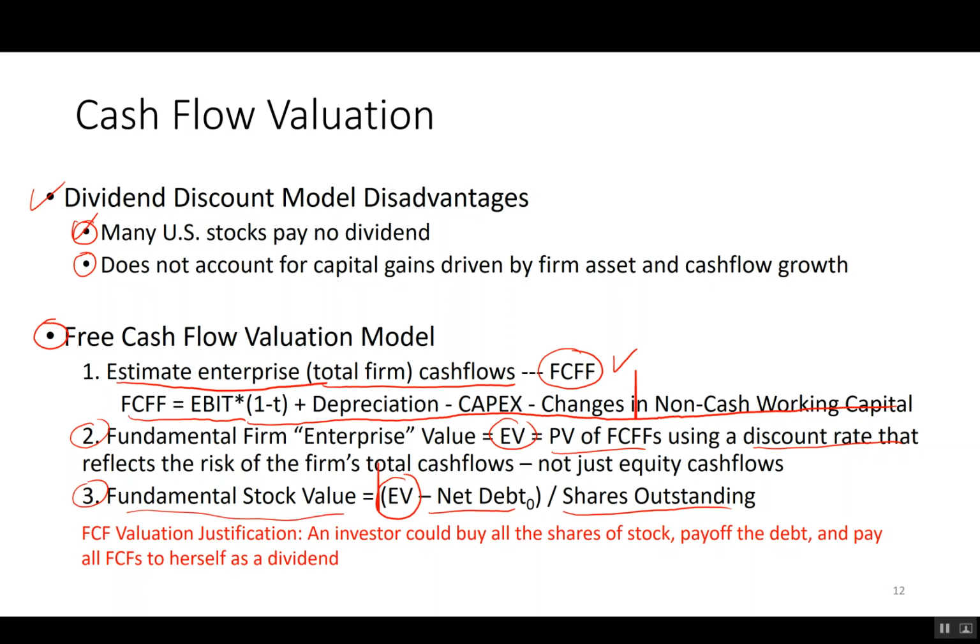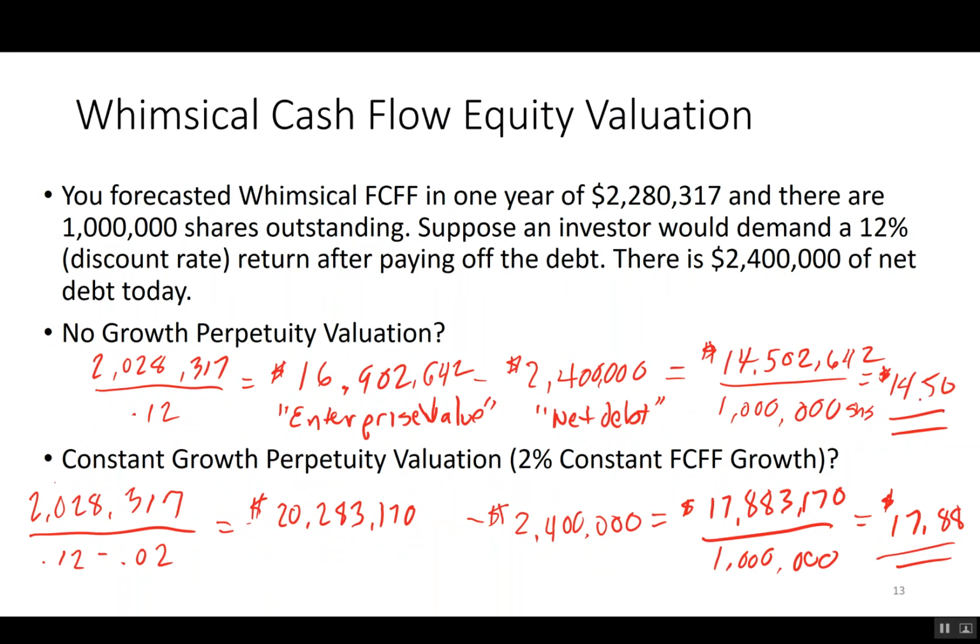Well, if some investor were to buy the entire firm, she could pay off all its debt and then pay all its free cash flows to the firm back to herself as a dividend. So that's kind of the justification for this model: it's the possible dividend if someone bought the entire firm and paid off all the debt.